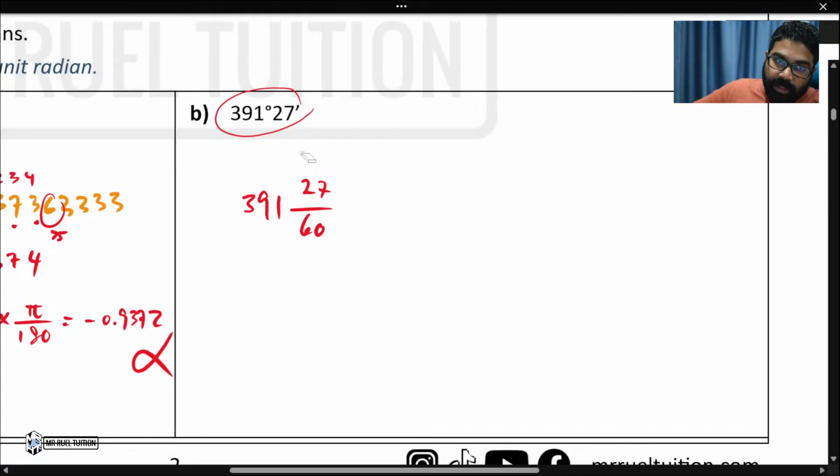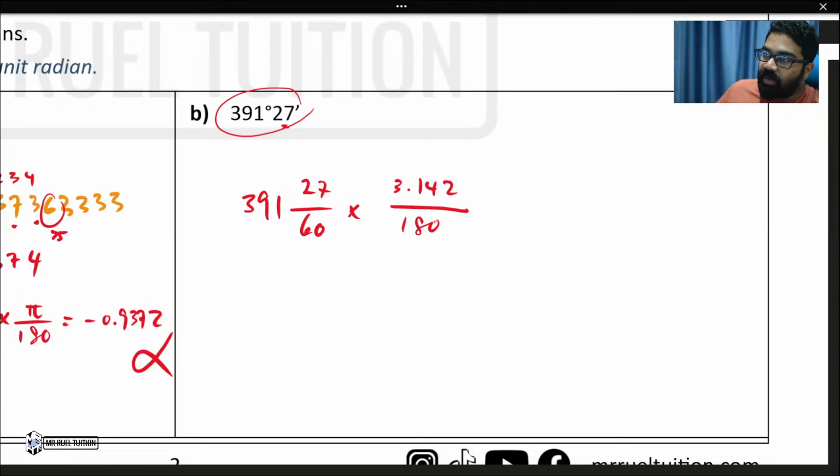Kalau kita nak tukar kepada darjah, if you want to change to degrees, you write it as a fraction. Tulis sebagai pecahan bahagi 60 over 60. So 27 minit ini ialah 27/60 degrees. Can? Now you just use your calculator. Darab lah. Times. Same. 3.142 bahagi 180. That's all.